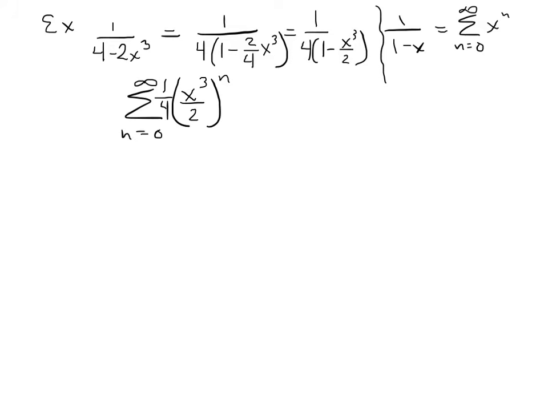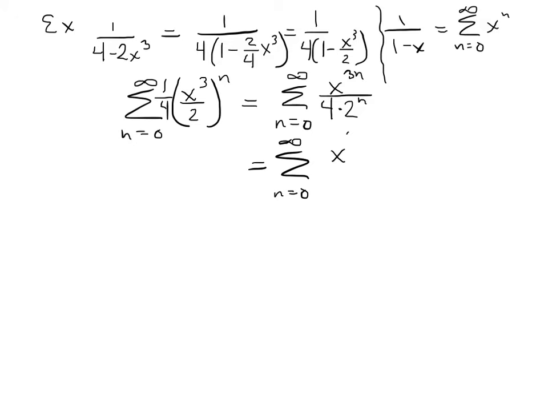When we write these out, we usually write out all the x's and then everything else separately. So this would be the sum from n equals 0 to infinity of x to the 3n divided by 4 times 2 to the n. And we could even rewrite that further: x to the 3n divided by 2 to the n plus 2. And it's a plus 2 because 4 is equal to 2 squared.